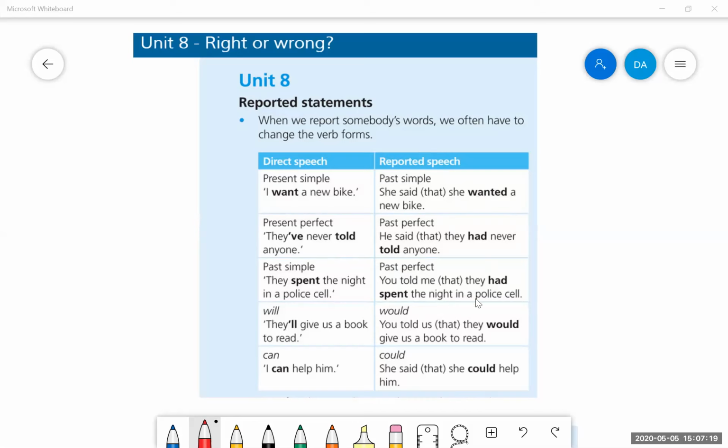Will is changed into would in reported speech. Can will be changed into could in reported speech. These are already the items that we talked about.